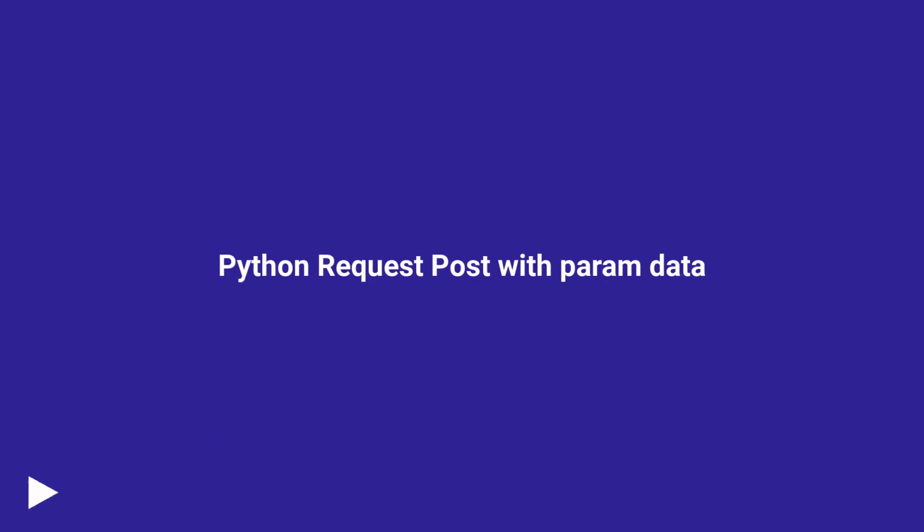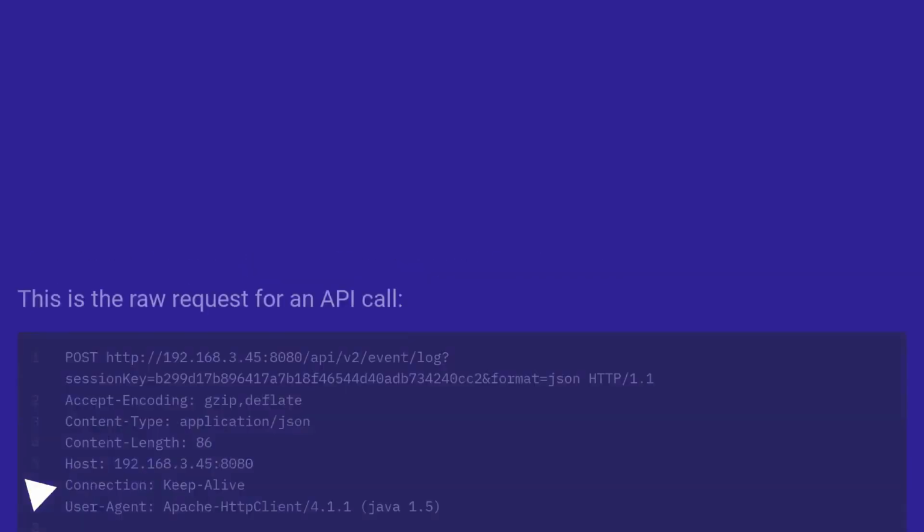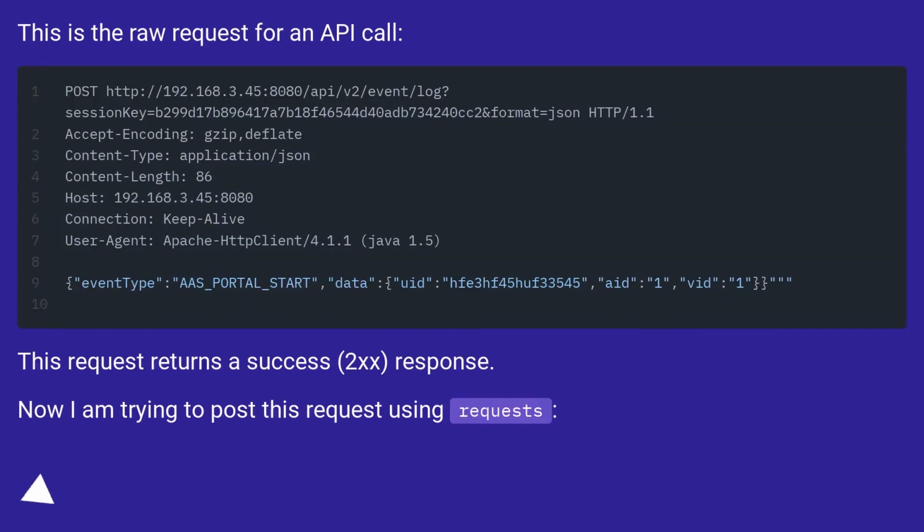Python requests post with params and data. This is the raw request for an API call. This request returns a success, 2xx, response.